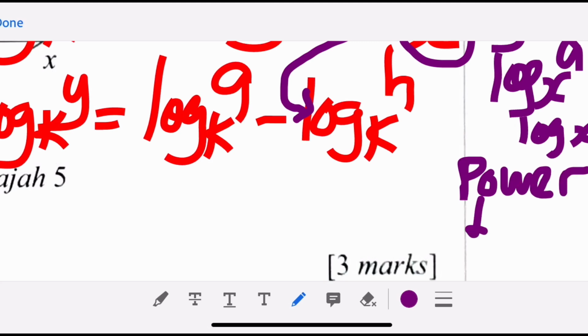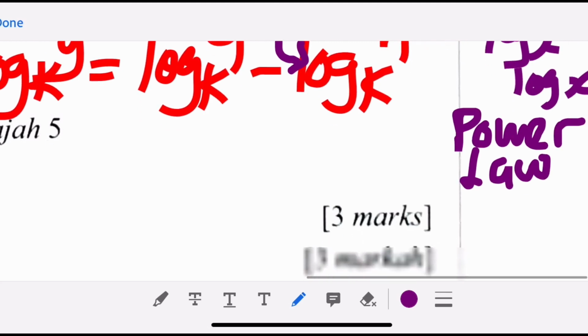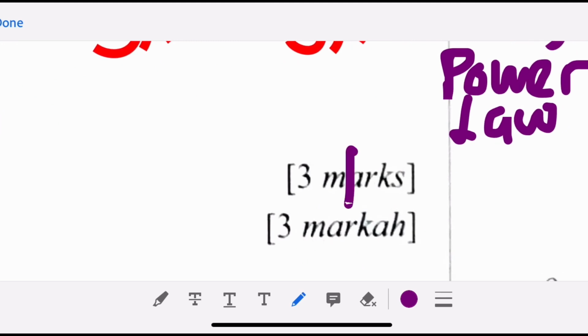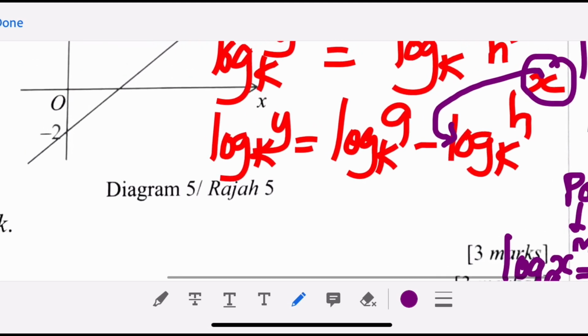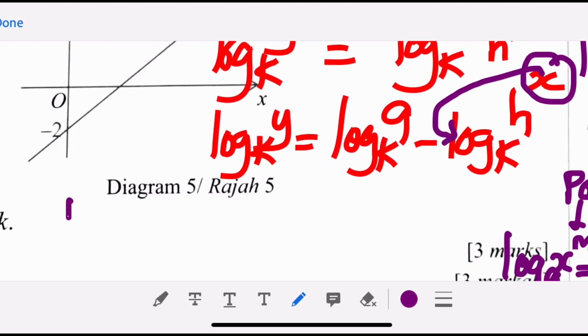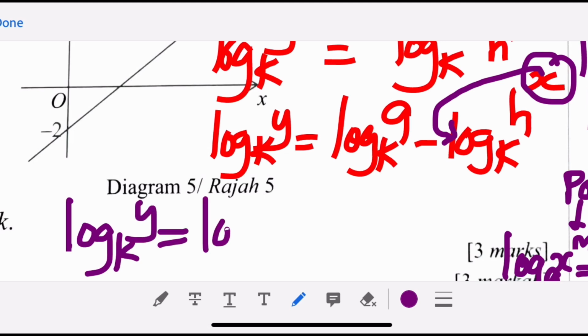This is the so-called power law. So for the power law, let's say we record the law: you have log ax with the power m. So m must be brought forward and multiplied with the log ax. So that is applying the power law. So you have log ky equal to log k 9 minus x log kh, right?